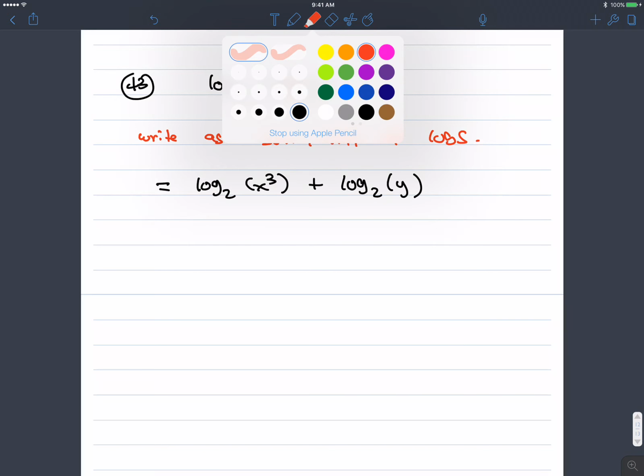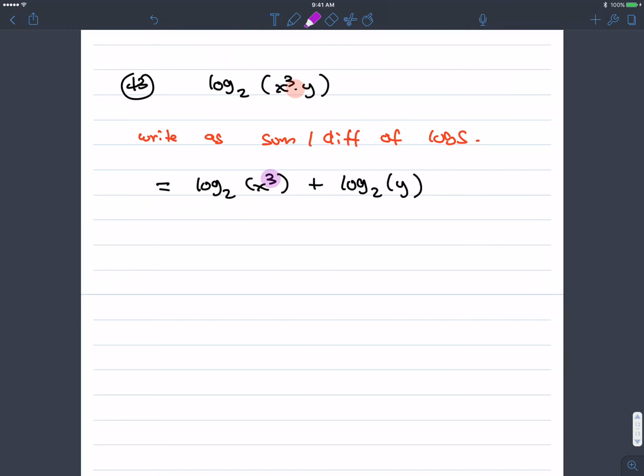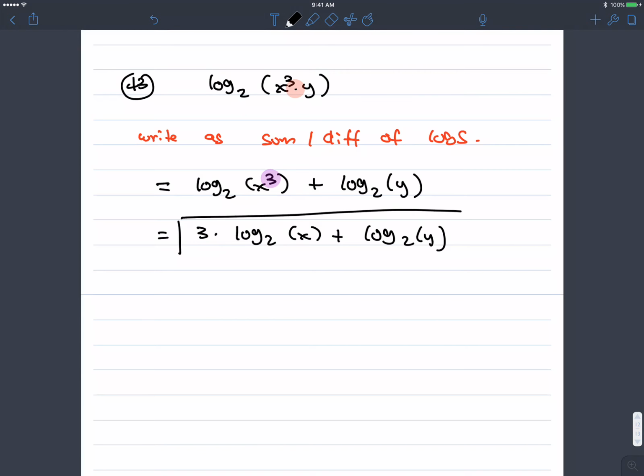Let's just notice that we can use the power rule and pull out that power. So by the power rule, that's 3 log base 2 of x plus log base 2 of y. And you simply wrote this log as a sum and difference of other logs.